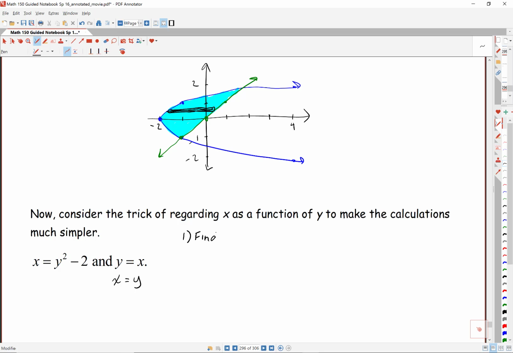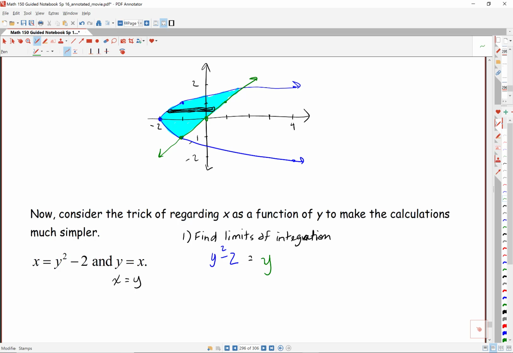So if you do the same thing, find limits of integration, it's a lot simpler because there's not going to be any radicals. So what you'll have is you'll equate each of them, right? So you'll say, okay, y squared minus 2 equals x.